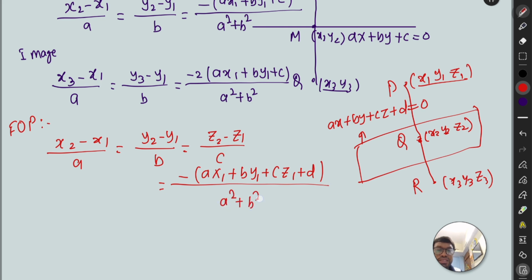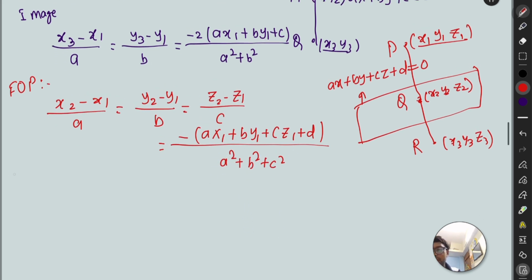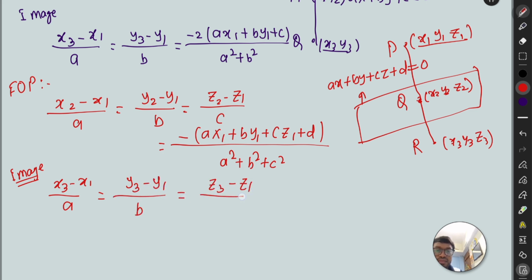We put this point into the plane with the negative sign: negative of (ax1 plus by1 plus cz1 plus d) divided by (a square plus b square plus c square), not under root directly.